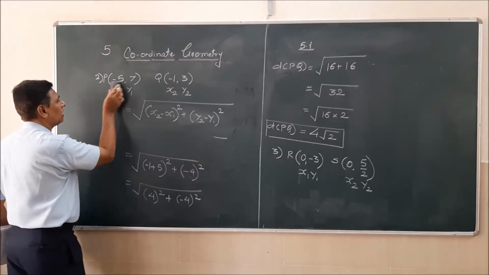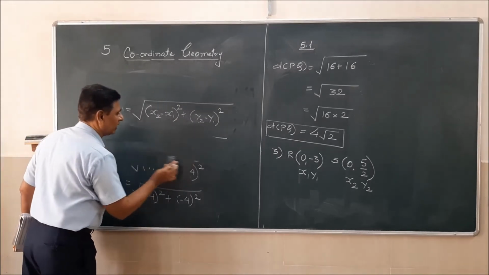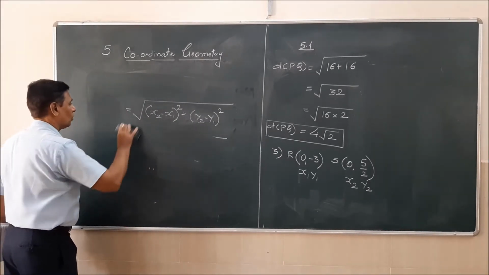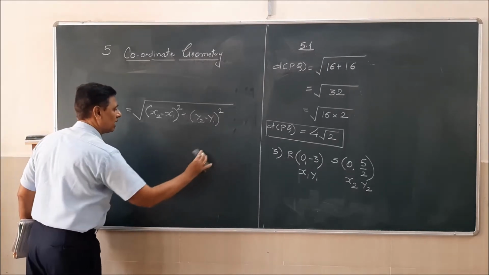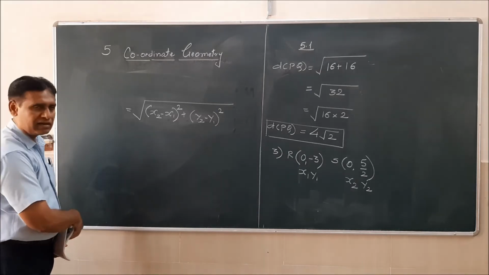Now for distance RS, we will use the same formula: x2 minus x1 the whole square plus y2 minus y1 the whole square. Now let's substitute the values.